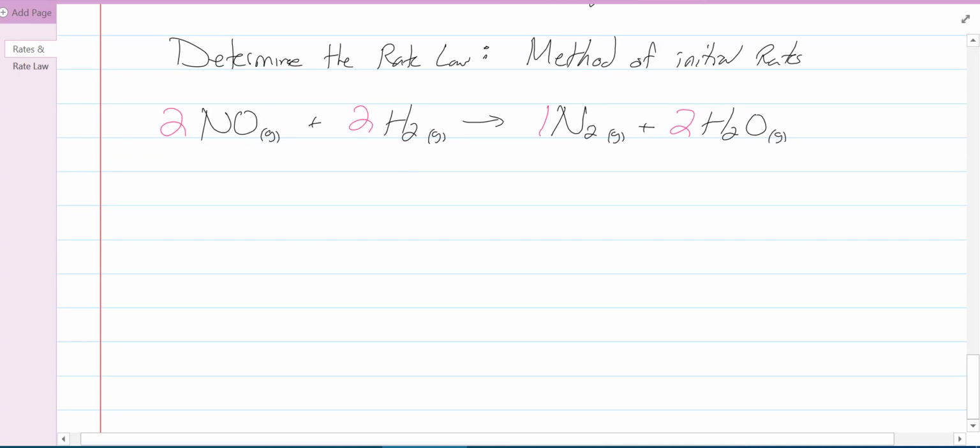In the reaction of nitric oxide, common name NO, with hydrogen, three experiments were done with different initial concentrations.